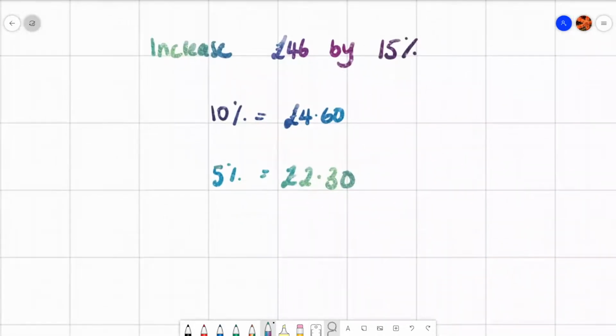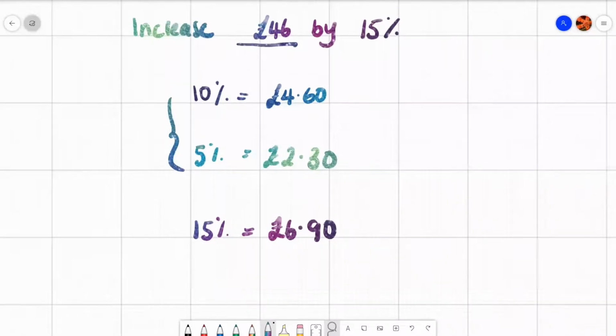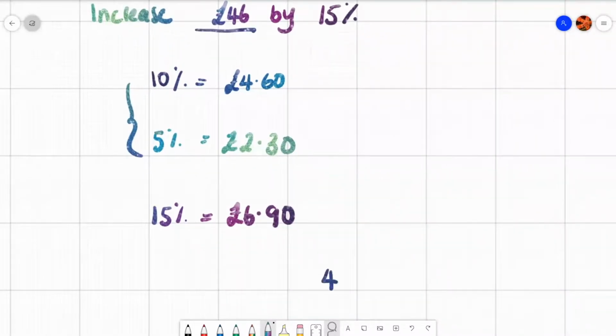I could then work out 15% by adding these two together. So £4.60 add £2.30 gives me £6.90. If I'm increasing £46 by 15%, I'm going to do 46 add £6.90, and I end up with £52.90.